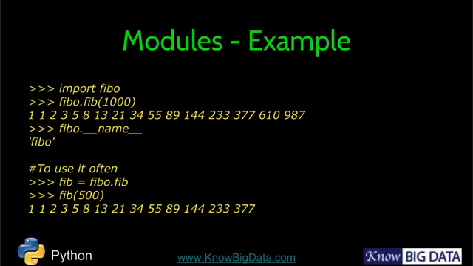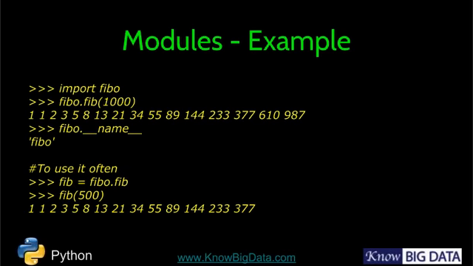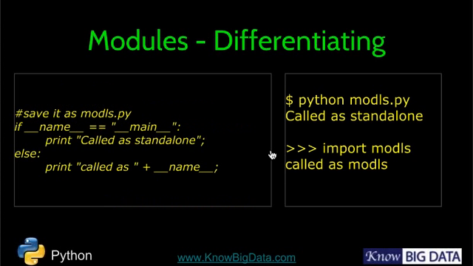Now, the next one: it basically created a module called fibo, and we can call functions on that. Or you can call things like this: from fibo import either fib, comma, fact, either of them. Or if you want to import all, then that's okay.